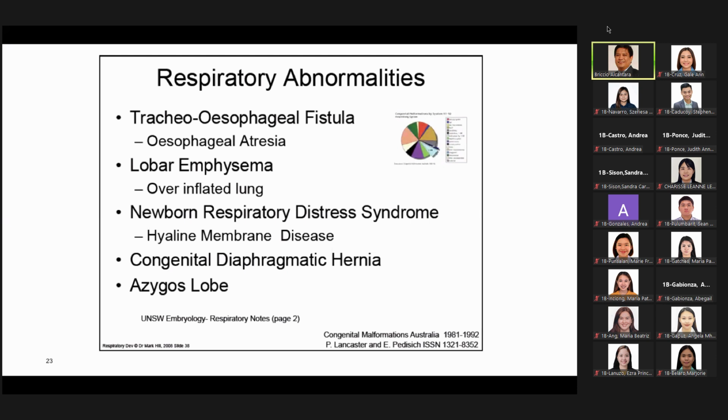So the abnormalities: you're going to have your tracheoesophageal fistula, with the corresponding esophageal atresia. Then you're going to have your lobar emphysema, overinflated lung. And then you have your newborn respiratory distress syndrome, or sometimes you call it hyaline membrane disease. Okay. And then you have your congenital diaphragmatic hernia and your azygos lobe.